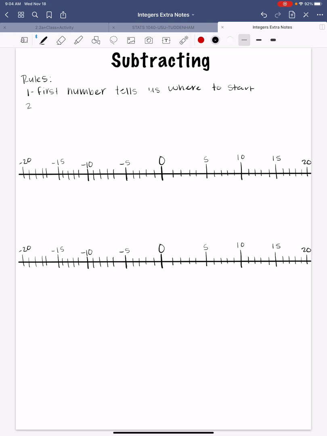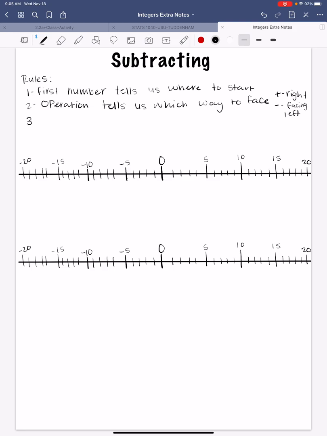The second thing is that the operation tells us which way to face. So remember, if we add, we're facing to the right. If we subtract, we're facing left.